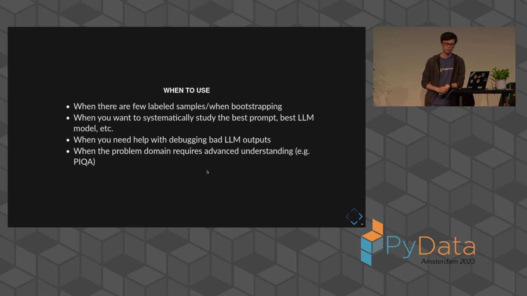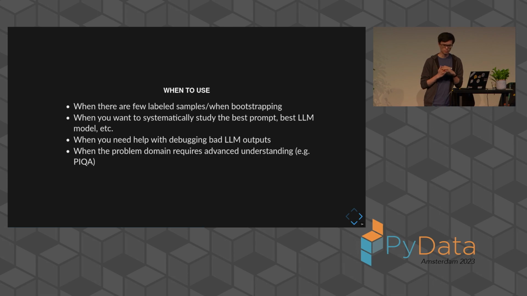So if you have only very few labeled samples, or if you're bootstrapping your task, then maybe you can think about using the zero-shot classifier or few-shot classifier. Also, if you already know you want to use an LLM, just want to study it systematically, it will also be a good fit. And we also added a few things that help you debugging bad outputs.